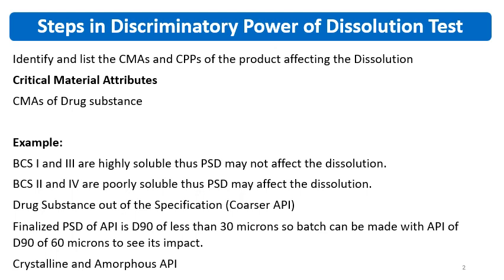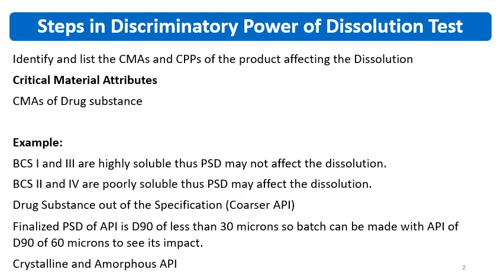So you will get the critical parameters, or critical material attributes, or critical process parameters which affect the dissolution. So the step in demonstrating the discriminatory power of dissolution test is to identify and list the CMAs and CPPs of the product affecting the dissolution.